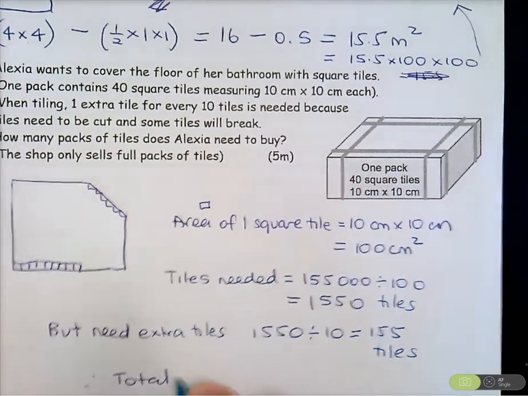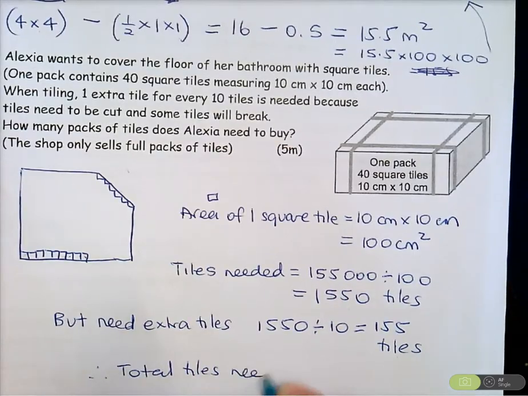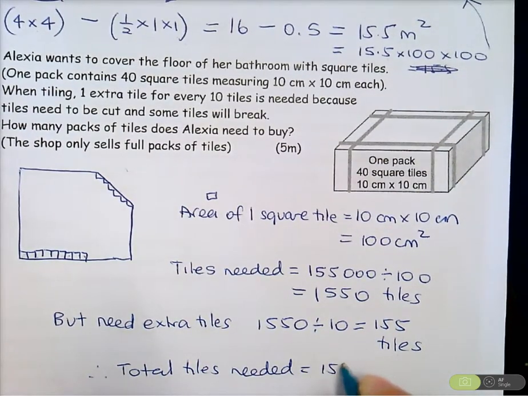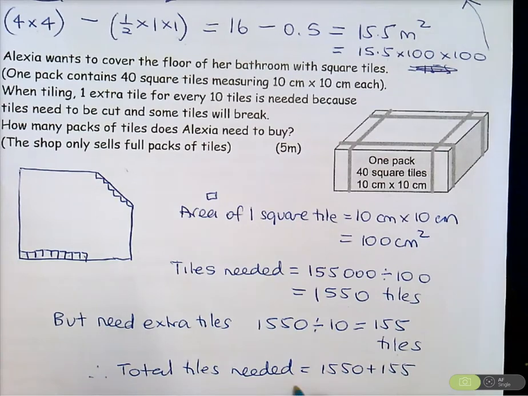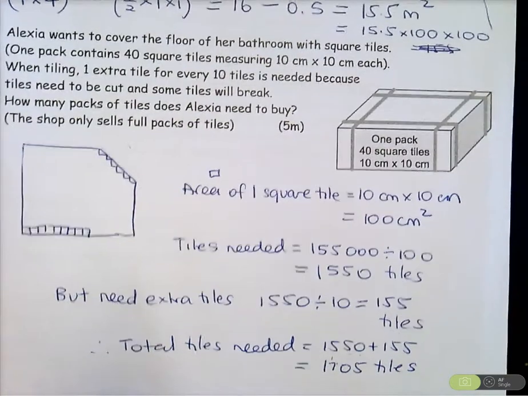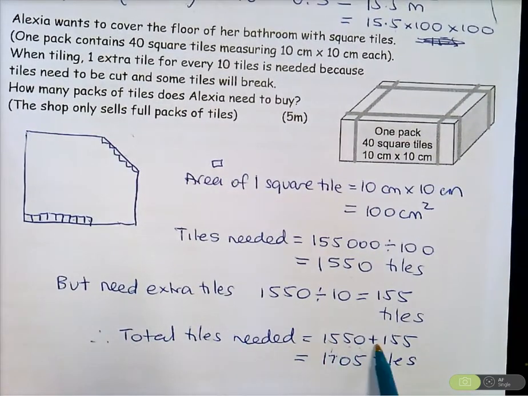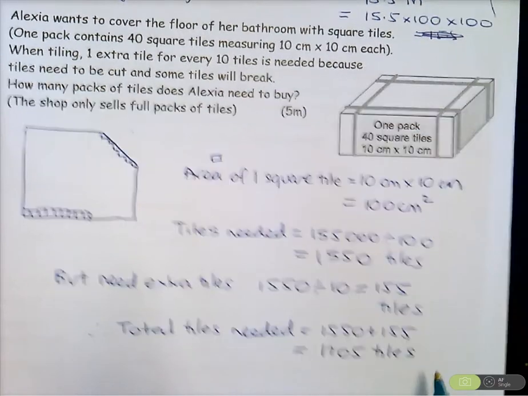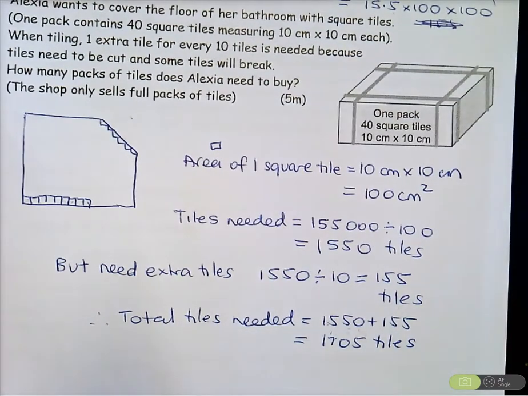Therefore, the total tiles needed is 1,550 plus 155, which is 1,705 tiles. Now, how many tiles in a box?